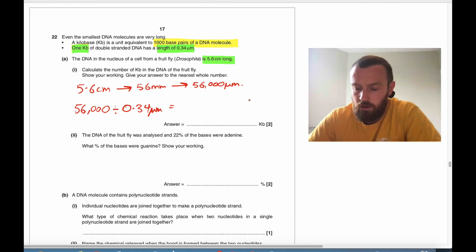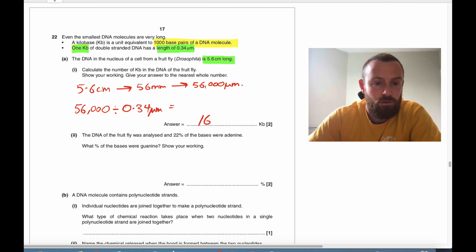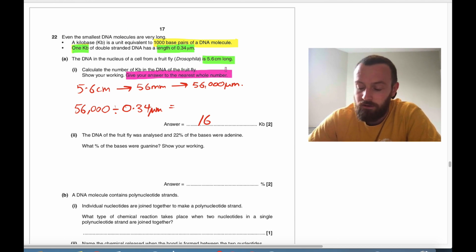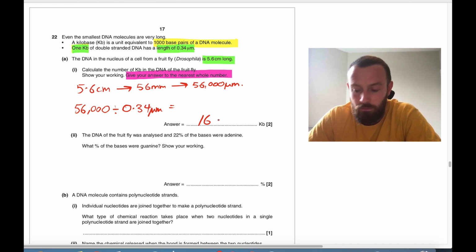And that's a lot. Look at that, that's so important right here. This is a tricky little thing: give your answer to the nearest whole number. I guarantee that one of the marks is just for giving that to the nearest whole number. This is the number I've got on my calculator, 164,705.8.